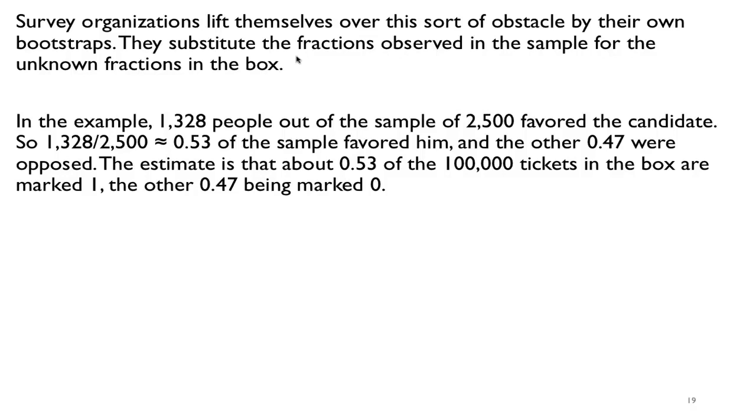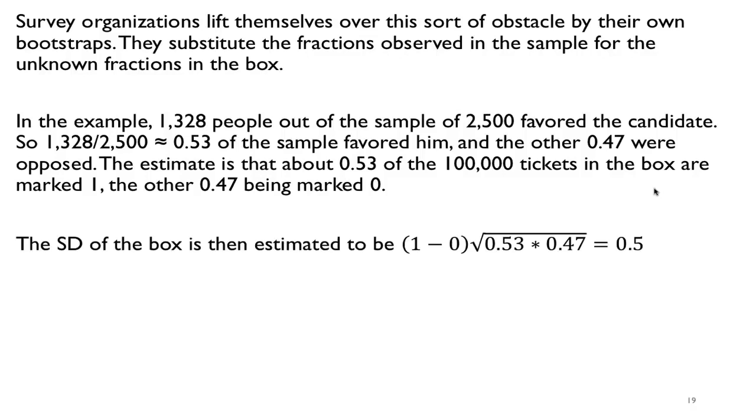And so the way we're going to do that is that we're going to use the sample information to estimate the population parameter. And so we do that by taking 1328 divided by 2,500. We get 0.53, and then that means the other 0.47 do not support him.